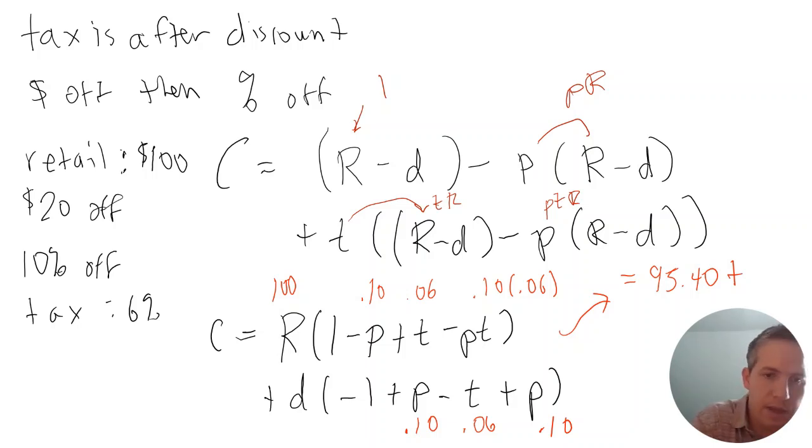And then I'll multiply that by the discount. Now the discount is $20 off, so I'm going to plug 20 in right there. Now I get minus 17.20. Now I put those together. And I get $78.20.